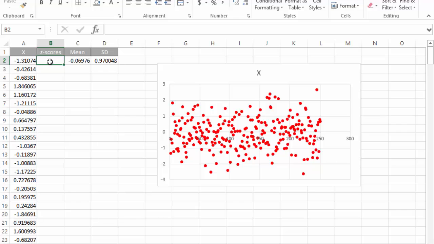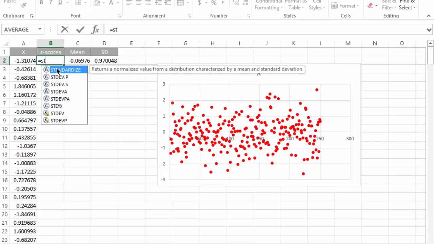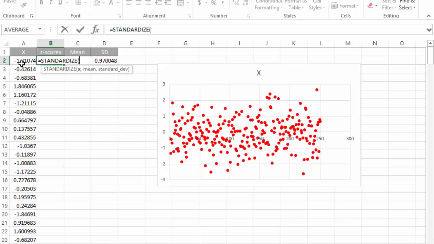So if we were to do the z-score, we would be turning this negative 0.06 to a 0 and the standard deviation to a 1. Let's go ahead and do that real quick so you can see it. It's going to be slightly different because, what is that, C2?